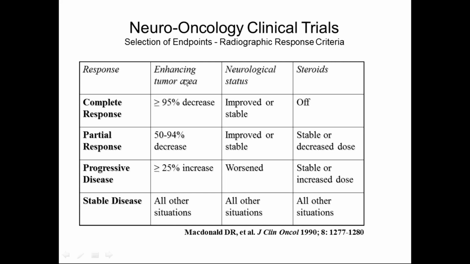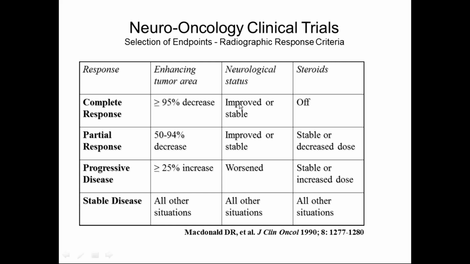The components of this are, 1, measurements of tumor size, how a patient is doing neurologically, and then because our disease, when it's progressing, requires patients to take large doses of steroids, we can use that as yet another component to kind of guide us. So if we had seen a complete response, then the majority of the tumor visualized on some imaging study has been decreased.